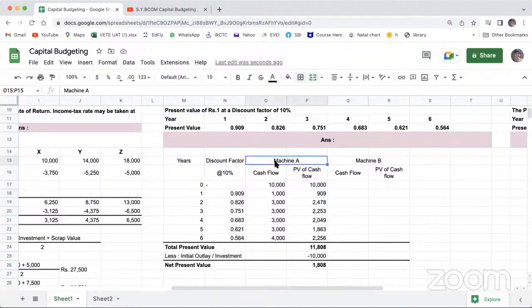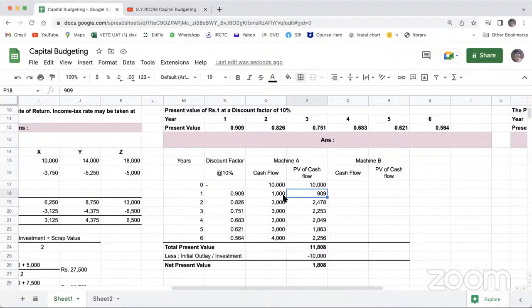Machine A and B. We have two machines, with cash flow given and discounting factor given at 10 percent. When finding the NPV, since the discount factor is provided, we multiply the cash inflow of a particular year by the discounting factor of that same year, and get the present value of that year's cash flow.